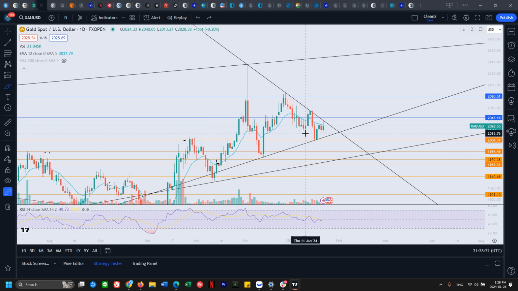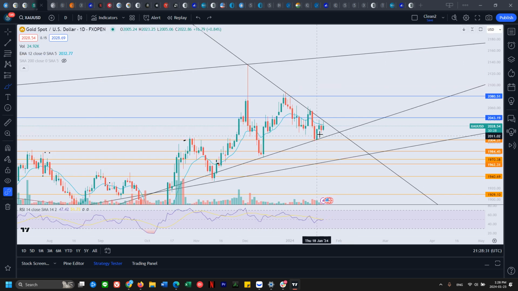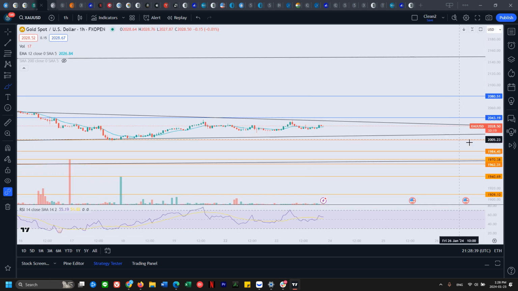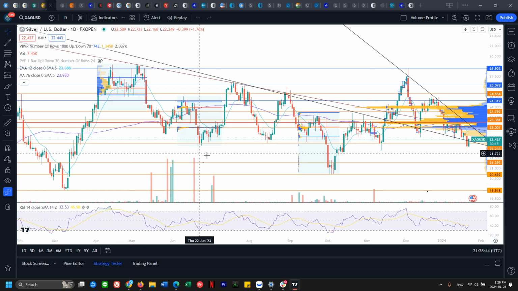It also depends on the dollar. Dollar and gold are inversely correlated, so if the dollar breaks out of this downtrending resistance, then gold is likely going to break out of this tiny range bearish. So let's see about that. The tiny range is the most clear. Other than that, it's just very choppy sideways.